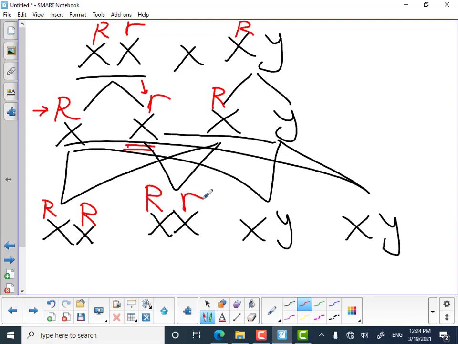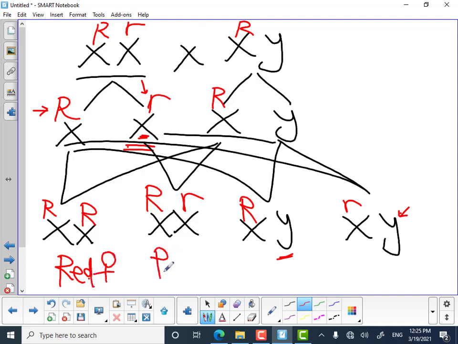Here, Y, okay, it doesn't have any linked character, like we said, with R capital from the female. The last one is R small from the female and Y from the male. Okay, now what is the phenotype of this embryo? First one, red color female.